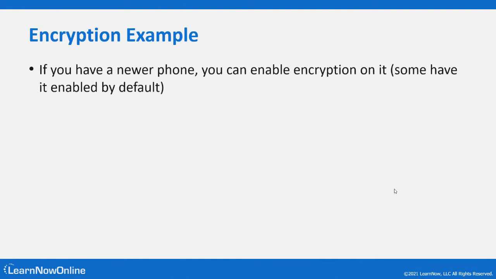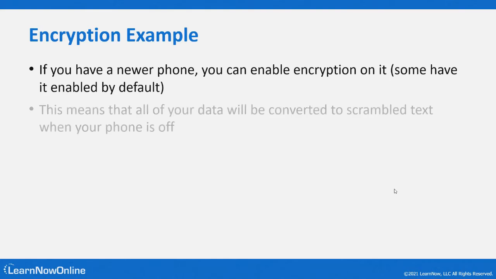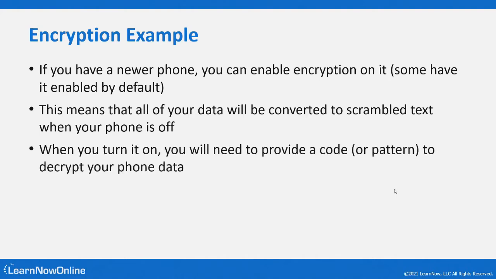Let's look at an example of encryption. And again, this is going to be just a basic example. If you have a newer phone, you can enable encryption on it. And some of the newer phones have it enabled by default. This means that all of your data will be converted to scrambled text when your phone is off. When you turn it on, you have to provide a code or a pattern that will decrypt your phone data.